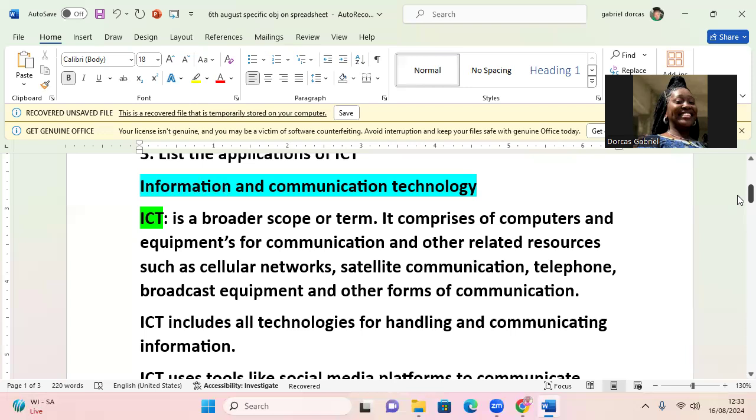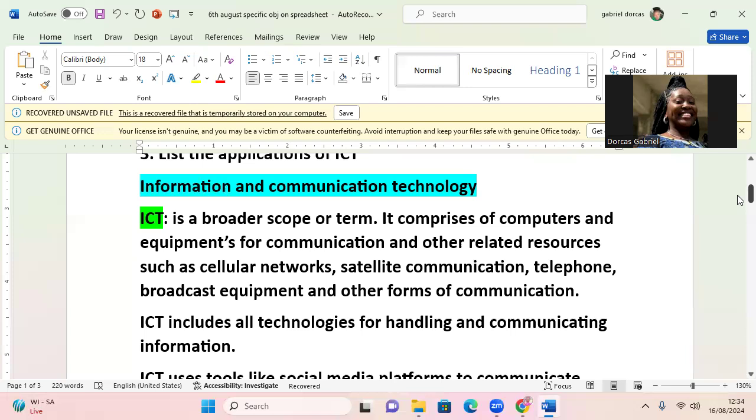In ICT, you have to find a way of communicating that information you have sourced, communicating it to a larger audience, to the world, communicating the information globally. That is where ICT comes in. It's a larger scope.